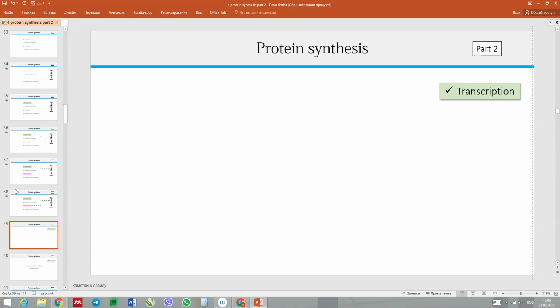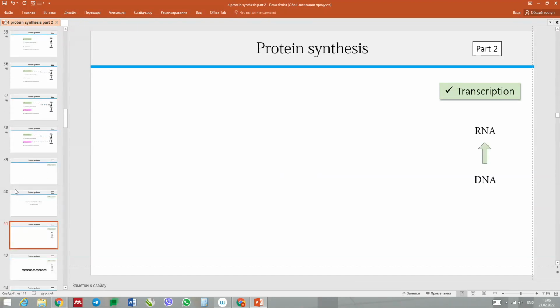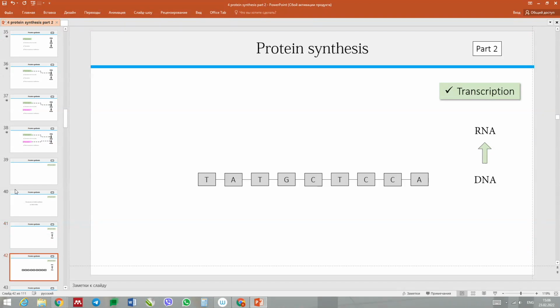Now let's look at what happens during transcription in more detail. Transcription is a process of mRNA synthesis on the matrix of DNA. And this is this step, information flow from DNA to messenger RNA.